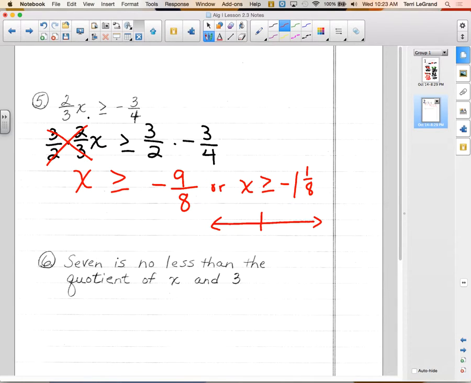Sometimes you probably should put that tick mark in the middle right away, and this would be one of those times I'm thinking I don't want to. Because I'm thinking, what two integers is -1 and 1/8 going to fall between? -1 and -2. Let's do those guys first, and then decide where -1 and 1/8 should go.